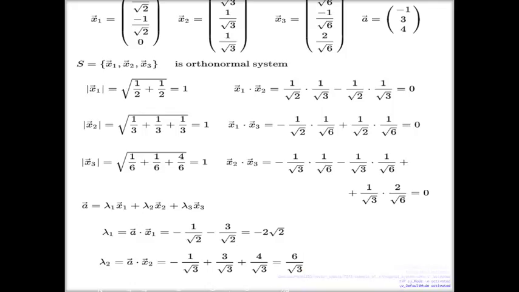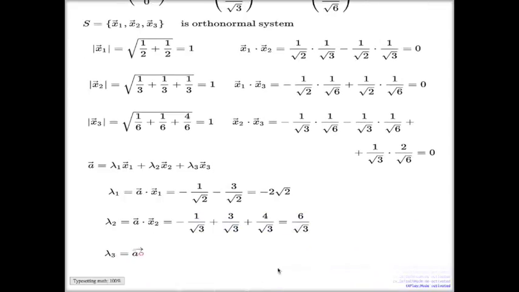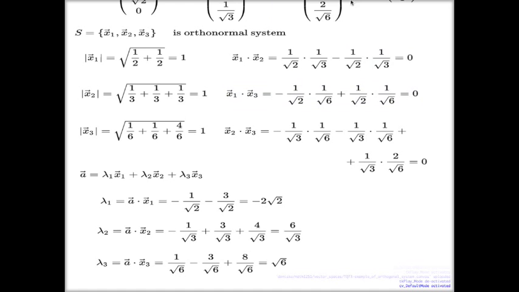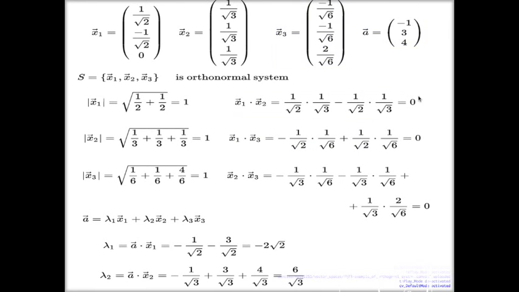That's the coefficient. And lambda 3, again, it's a pure computation. It's the dot product of my original A from above and this x3 right here.